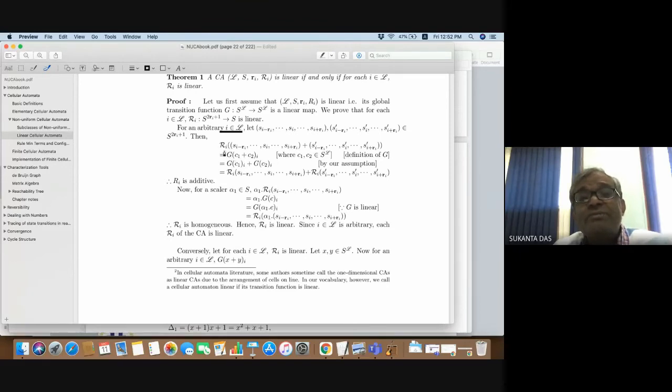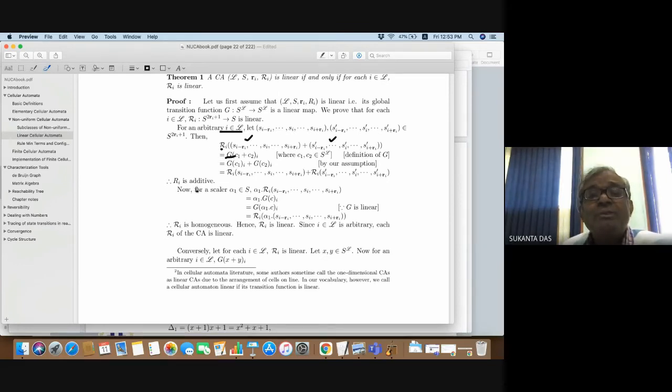For these two neighborhood configurations, what is written in the slide: for Ri, I have started from this Ri, where this one is here, this one, and that one, and I am writing here this is equal to this one.